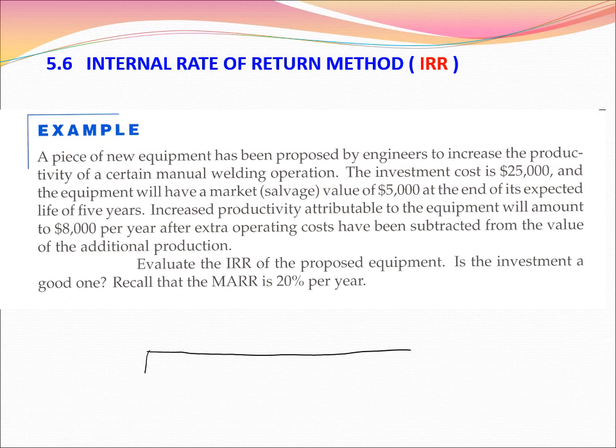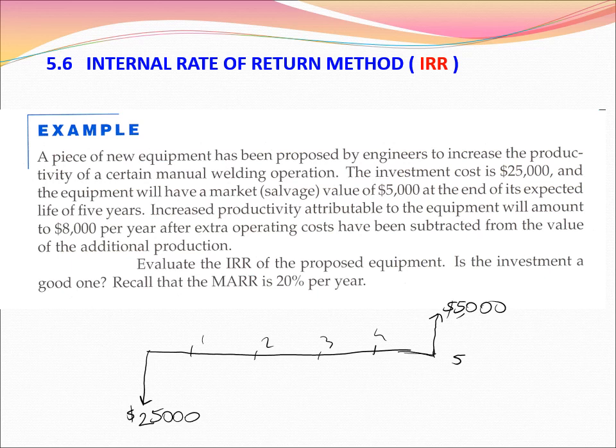We initially have an initial investment, and in this project, it says that the initial investment amount is 25,000. And it says that the equipment will have a market value of 5,000 at the end of its expected life of 5 years. So this is 5 years and it has a market value of 5,000 at the end.